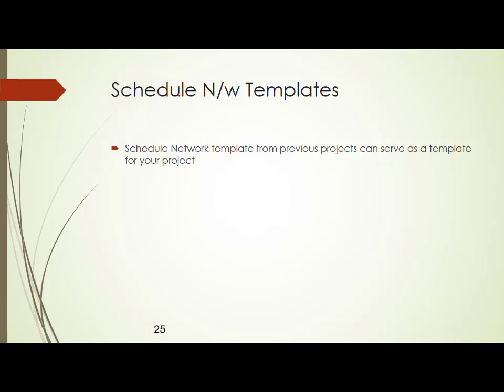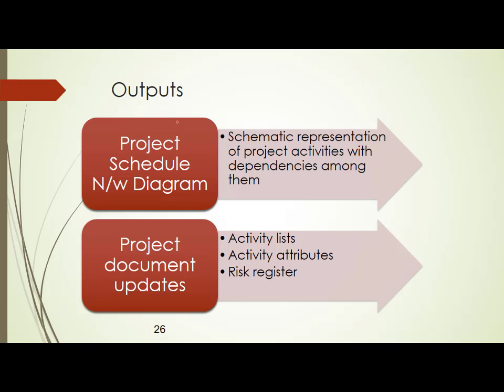Once you do that, you will get something called a schedule network. We will talk about the schedule network later. So what is the output of sequence activities? You will get a network diagram. I just showed you an example of a network diagram, and you will have some document updates like activity list, activity attributes, and risk register, which is new here.